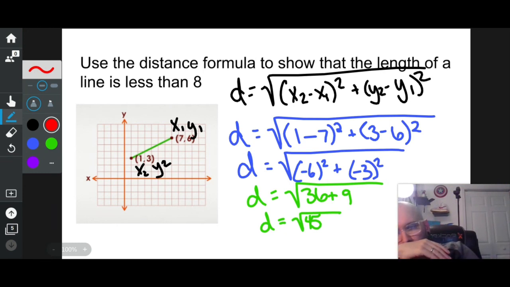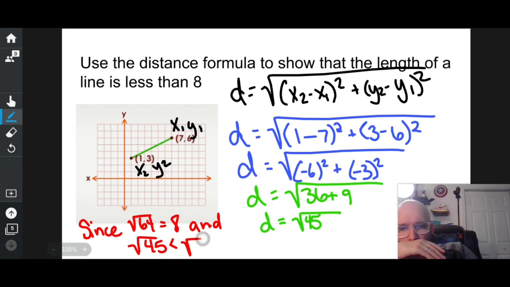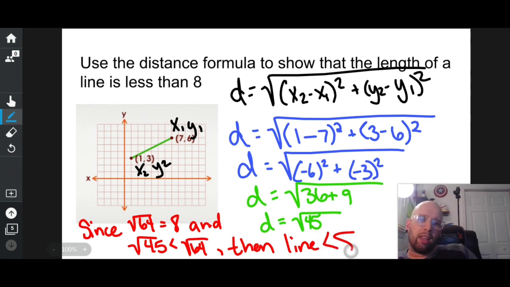Since I care about 8, since the square root of 64 is 8, and the square root of 45 is less than the square root of 64, then the line is less than, I'm running out of room, so the line is less than 8.